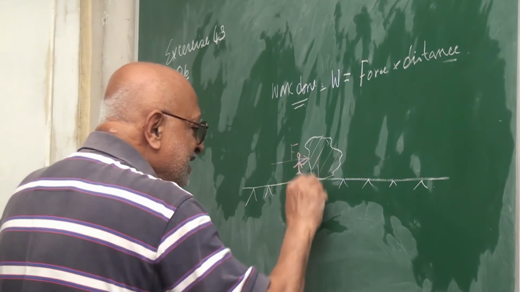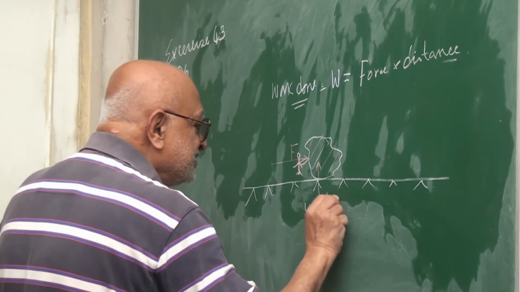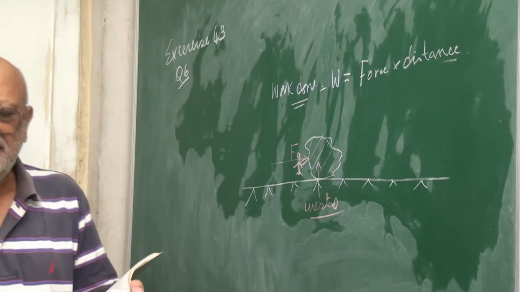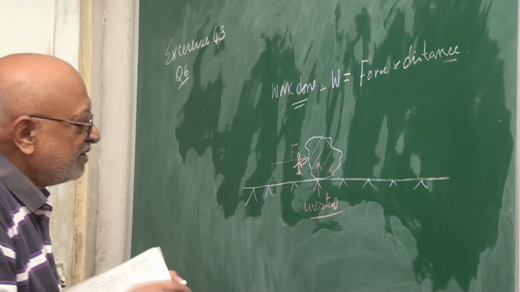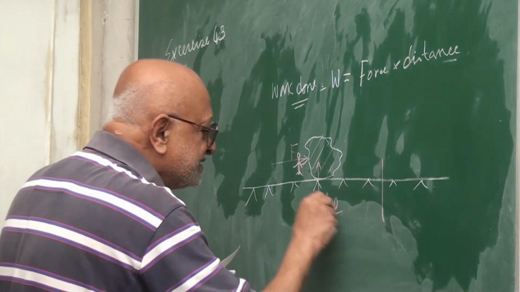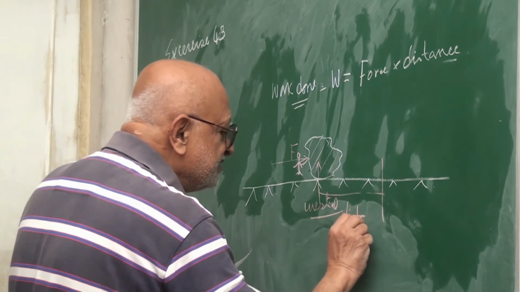It is in its inertia. Inertia means a body will continue to be at rest unless it is acted on by a force. So this is the force I am applying. Under this force, it moves through a distance. This is the distance it moves through.